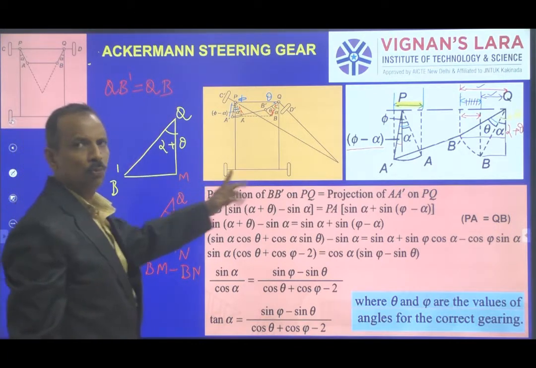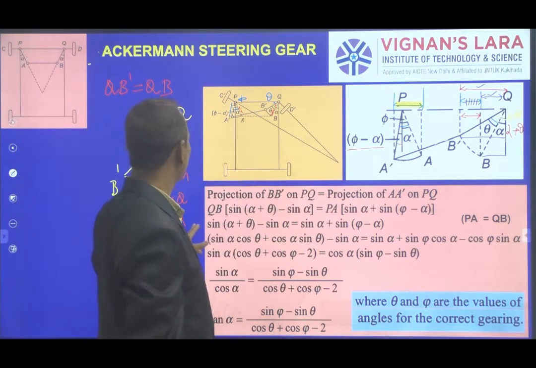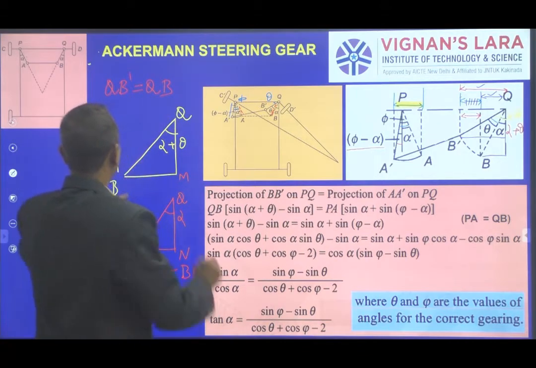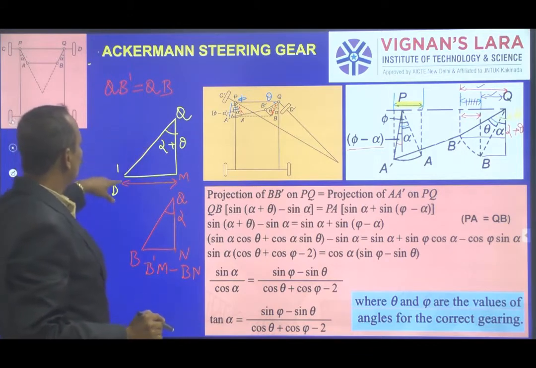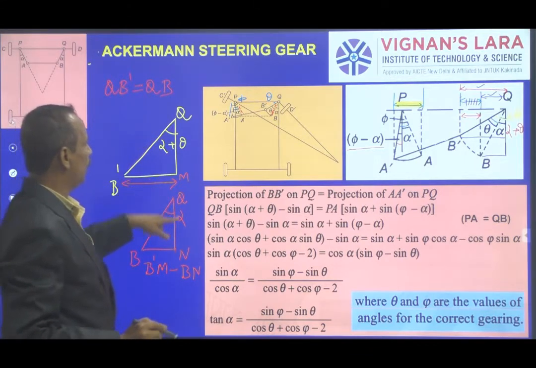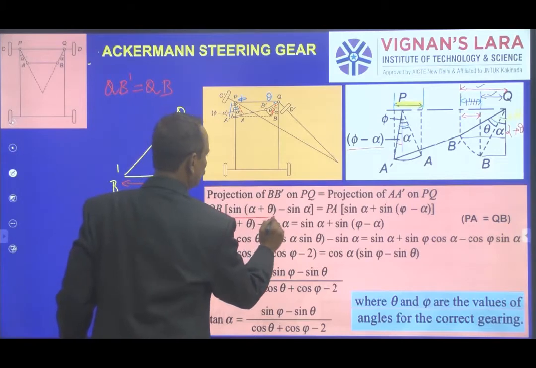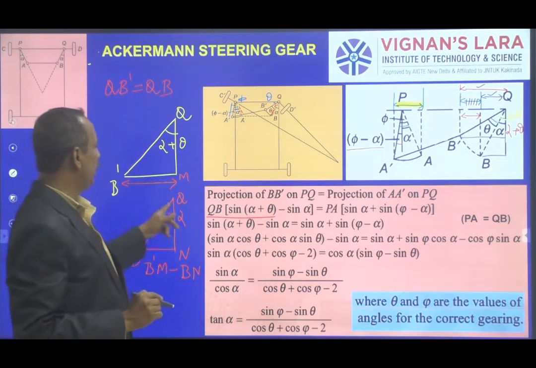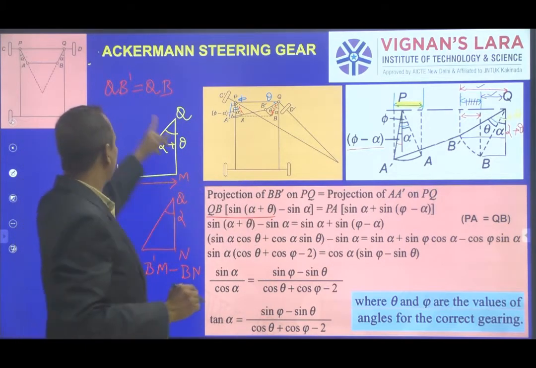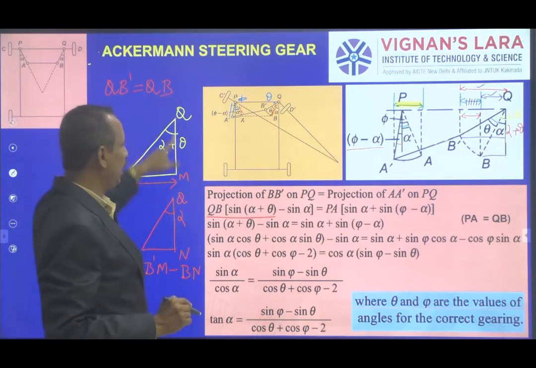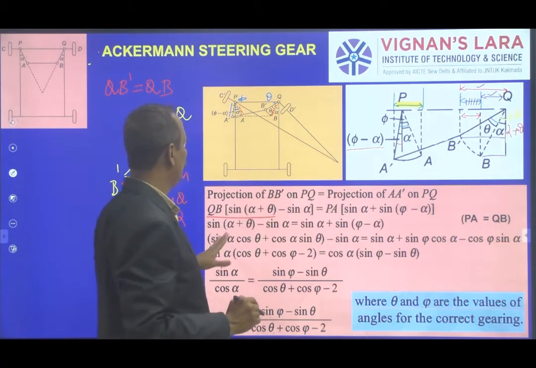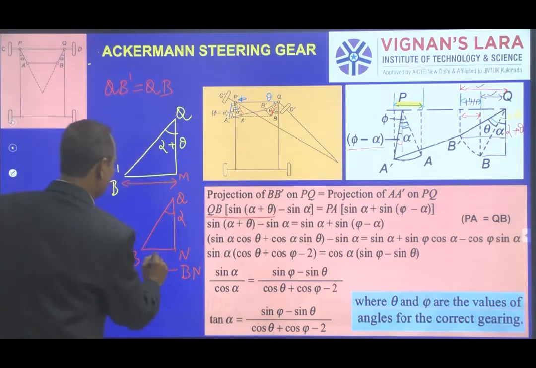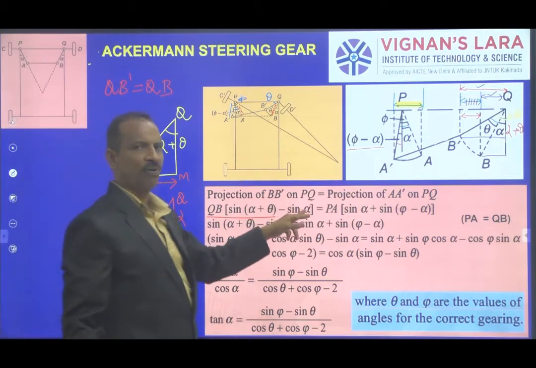So I can replace QB and QB dash as a similar term. So this length is QB dash sine alpha plus theta. As I said, QB dash is equal to QB, then it can be written as QB sine alpha plus theta. Then this part is QB sine alpha.